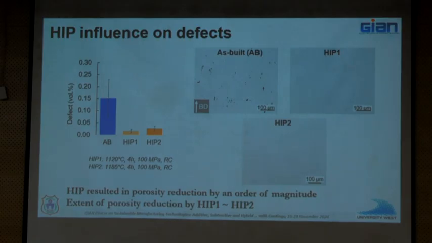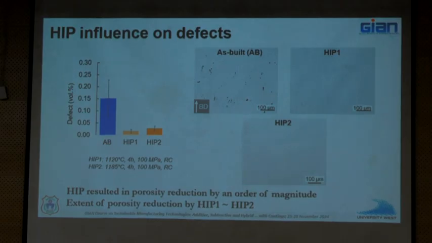So, let me refine that question better. If there is a way for me to EBM build faster, and it doesn't matter if instead of 0.7% porosity I get 5% porosity, but it allows me to build very fast, then is it a good idea if I am going to HIP? That I build fast and then I HIP and do something like that. If you don't have an answer, we also didn't have an answer.